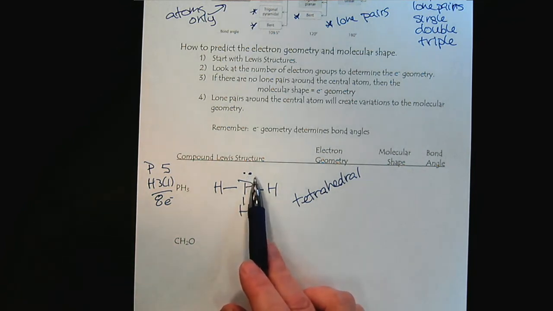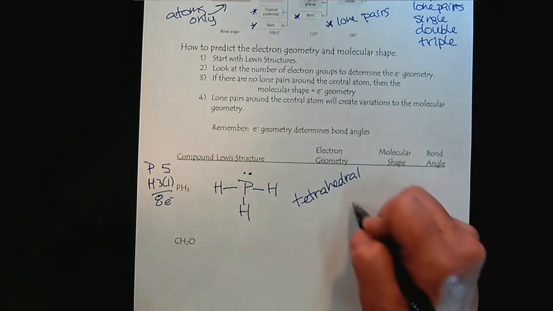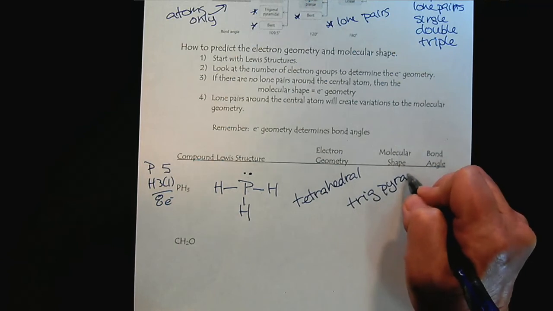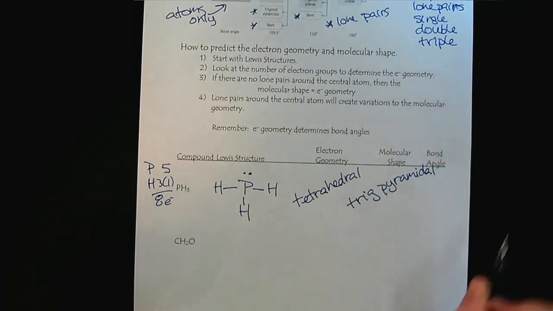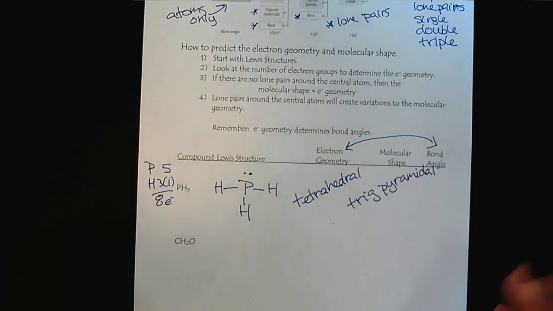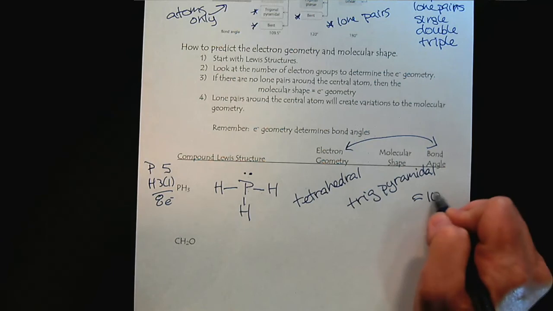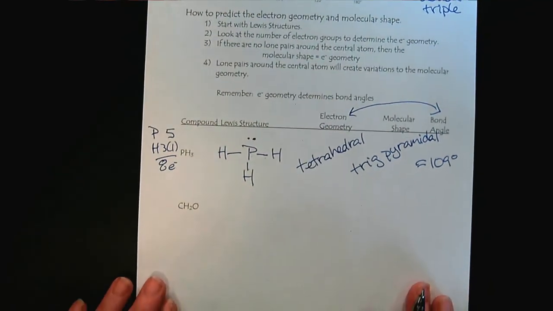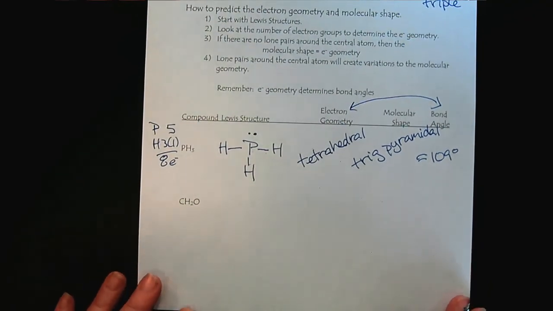With 1 lone pair present, the molecular shape is going to be trigonal pyramidal. And remember that the bond angles are determined from the electron geometry, so they would be about 109 degrees. All right, let's work one more practice problem before you get started on your homework.